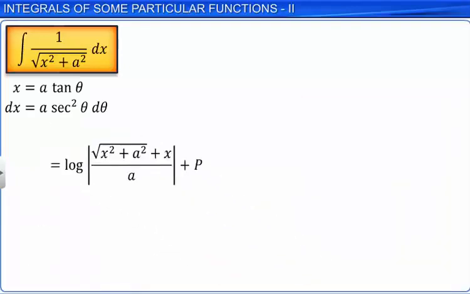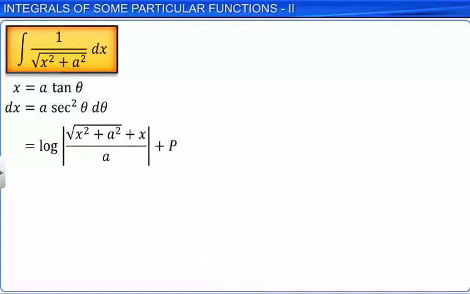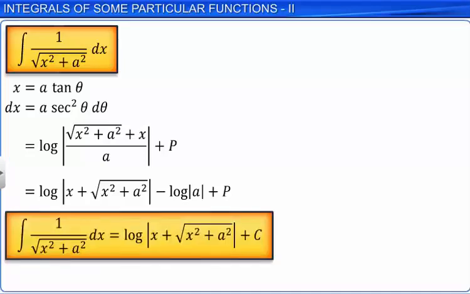Finally, rearranging the expression, we get log of x plus square root of x square plus a square minus log of mod a plus p. Since log mod a plus p is a constant, we have the integral of 1 upon square root of x square plus a square dx is equal to log of x plus square root of x square plus a square plus the constant c, where c is equal to minus log of a plus p.